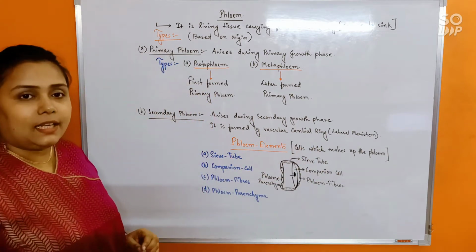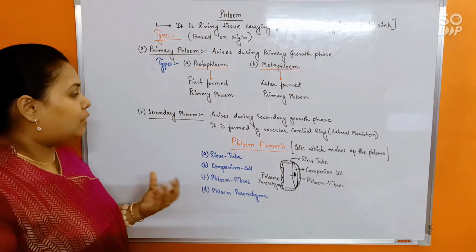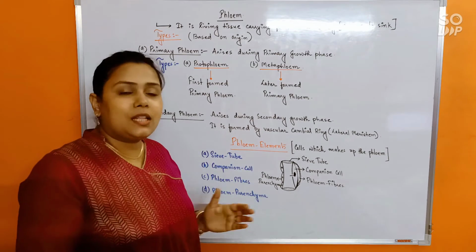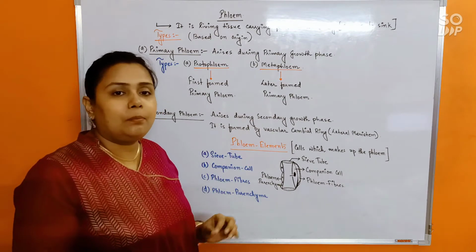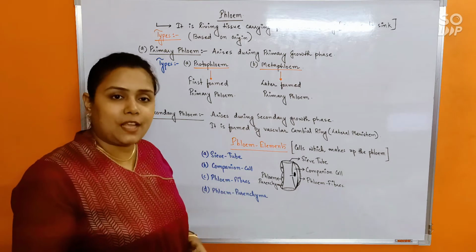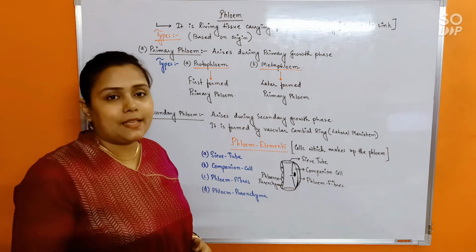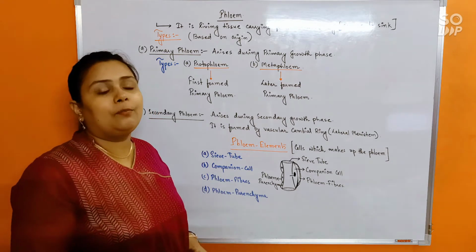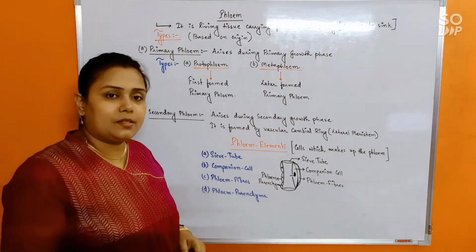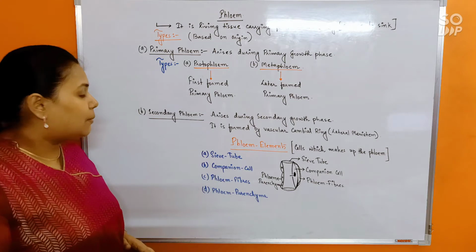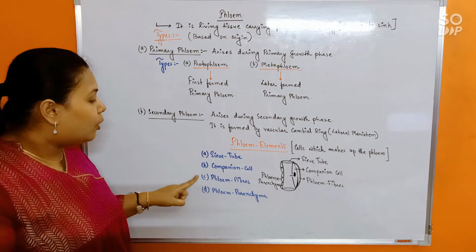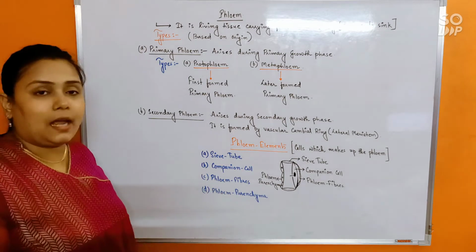And finally, the main discussion that we have is about the phloem elements. Just like xylem, phloem is also a complex permanent tissue and hence it is made up of more than one type of cell. And again, just like xylem, phloem is made up of 4 types of cells which are called phloem elements. These phloem elements are sieve tube, companion cell, phloem fibers and phloem parenchyma.